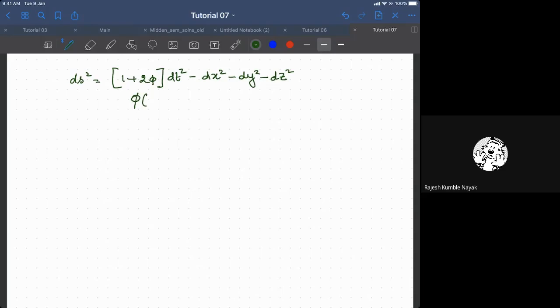Now we also know that it should be 2 phi. So that also we can do. Phi is a function of x, y, z, and the rest is your metric.